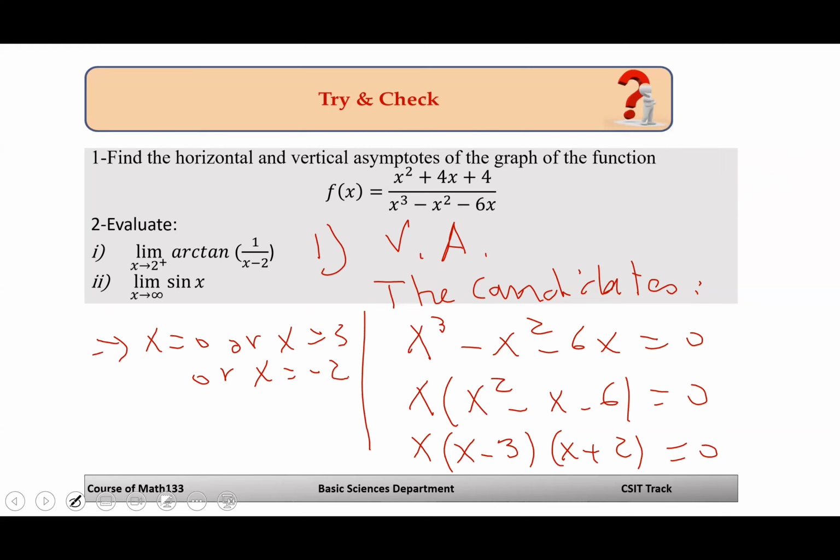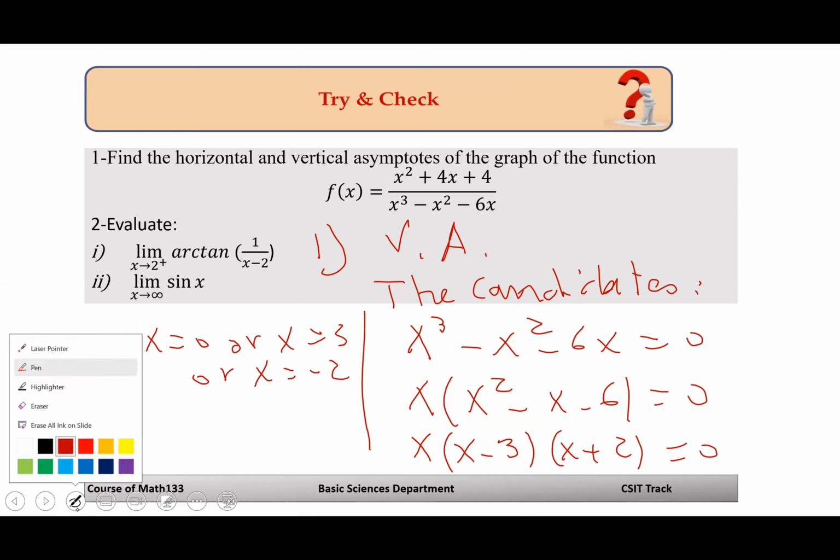Okay, how to do that? We need to compute the limit when x approaches 0 or 3 or minus 2. And if necessary, we will do 0 plus, 0 minus, 3 plus, 3 minus. Okay, so here, what I will use is the factoring of both functions.